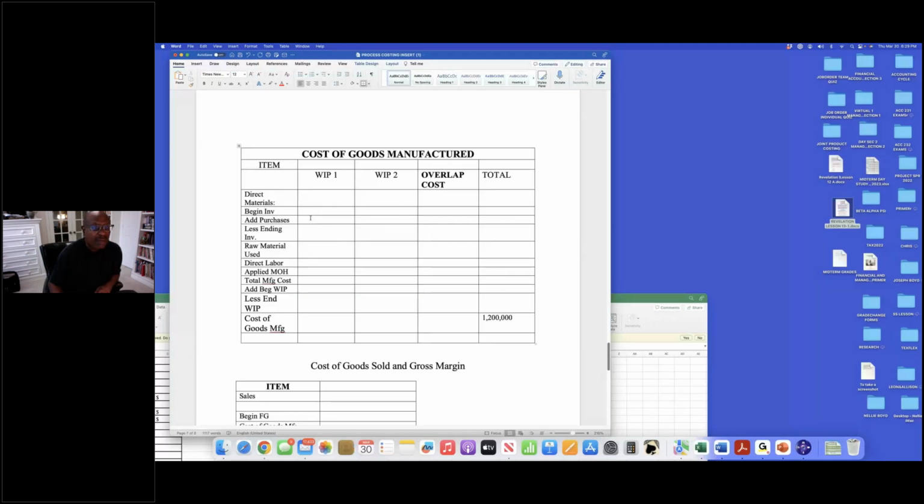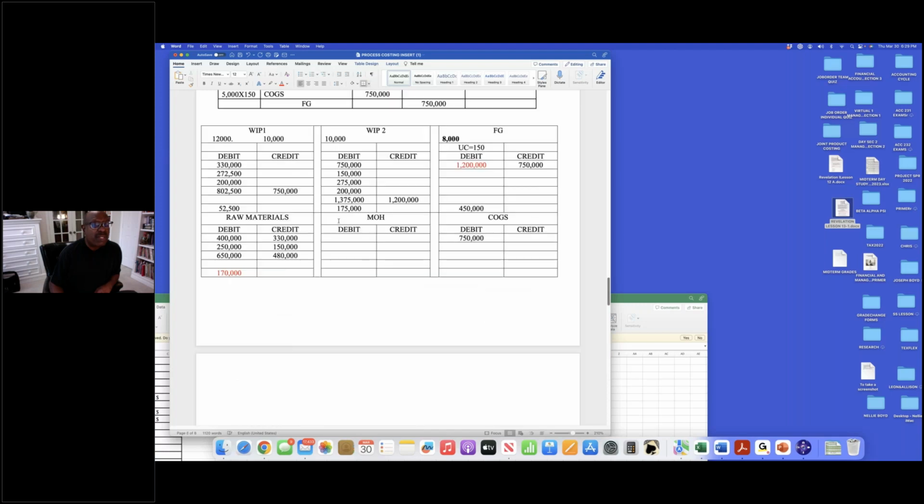So 70,000 left. So therefore, raw materials used is 330. That's right in this account, correct? 330. Then 272,500, and 200,000.